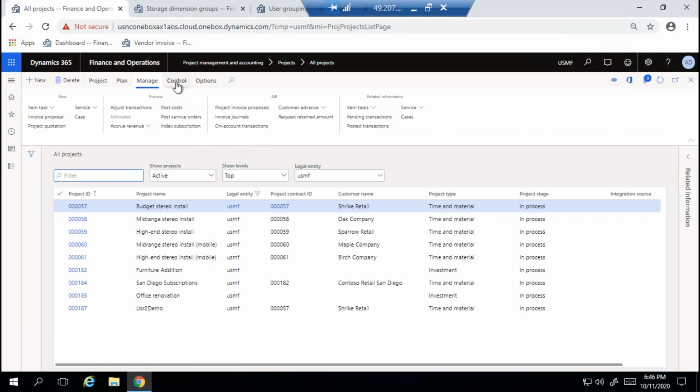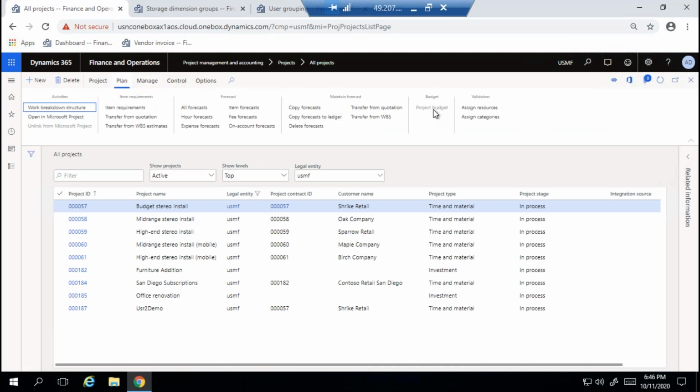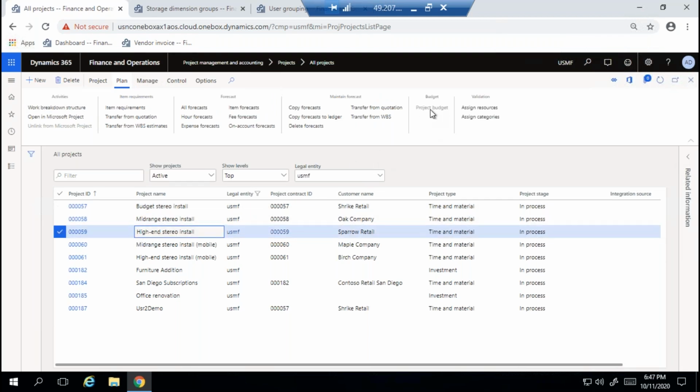In project management and accounting, in the plan tab, you will have budget. This project budget is different. This is related to project budgeting. We are not discussing this module. Project management and accounting is a different functionality.